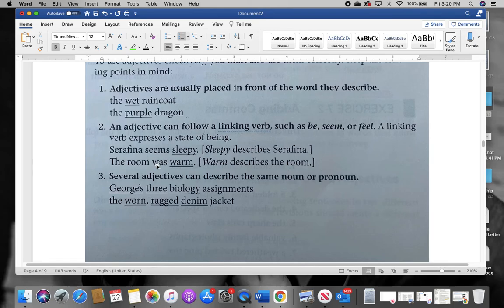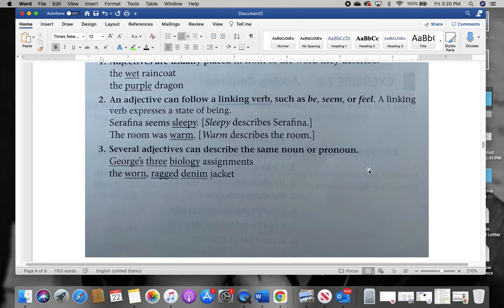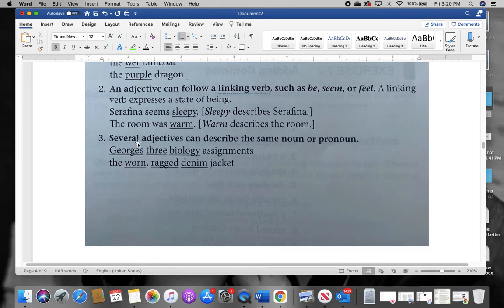Was is the to be verb, so that expresses a state of being. And several adjectives, not all, can describe the same noun or pronoun. So, George's 3 biology assignments, the worn, ragged denim jackets.